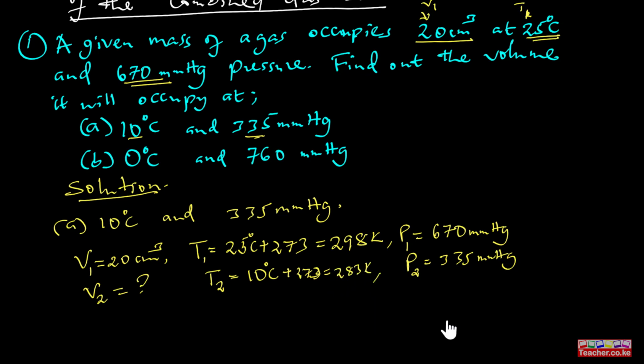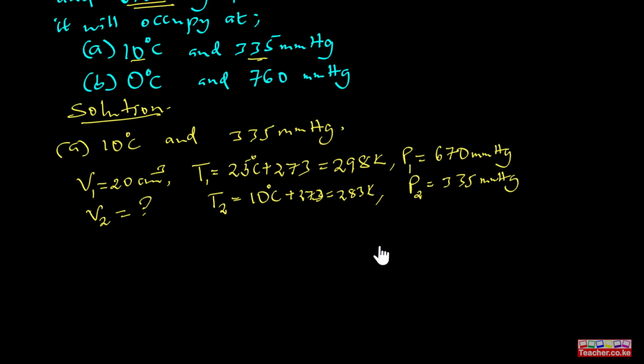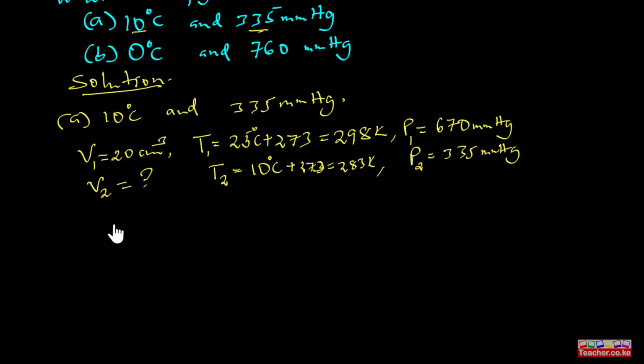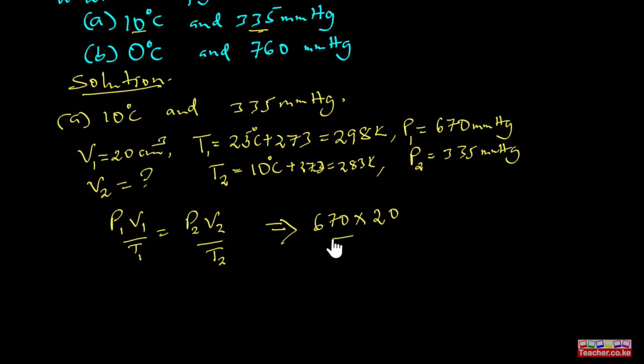So from our combined gas law, we have said that P1 V1 over T1 equals P2 V2 over T2. If we substitute, we'll have 670 times 20 divided by 298 equals 335 times V2, which we don't know, divided by 283.